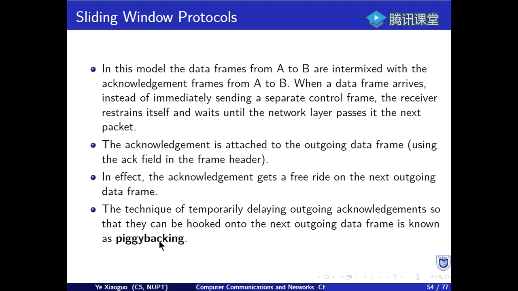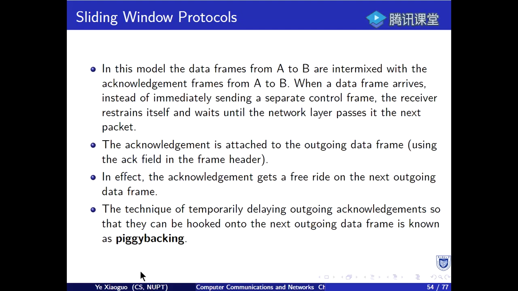In this model, the data frames from A to B are intermixed with the acknowledgement frames from B to A. When a data frame arrives, instead of immediately sending a separate control frame, the receiver restrains itself and waits until the network layer passes it the next packet.